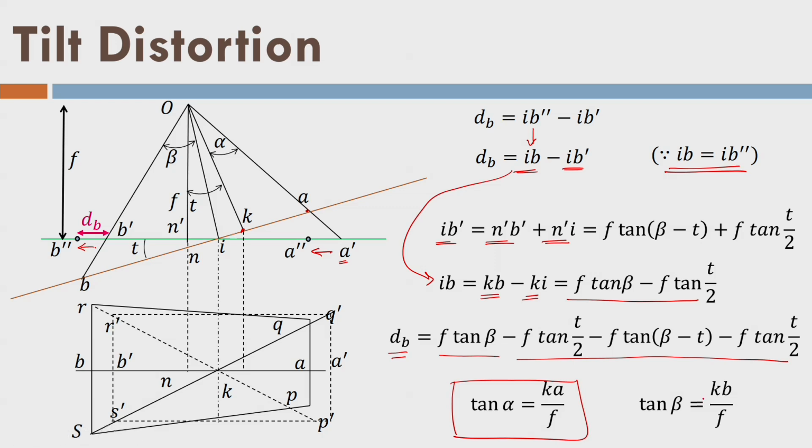Similarly, tangent beta is nothing but KB divided by F. So, my KB, I can say here, this distance, KB divided by F, this is vertical, this is the F distance here, focal length. So, I can find out tangent beta also, tangent alpha also, focal length is known to me, tilt is known to me, I can find out what is the dB or the tilt distortion of point B.